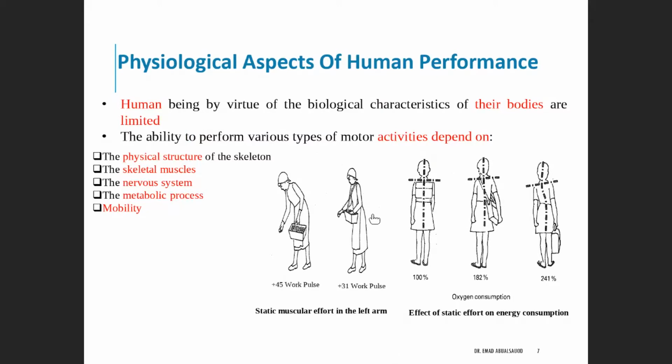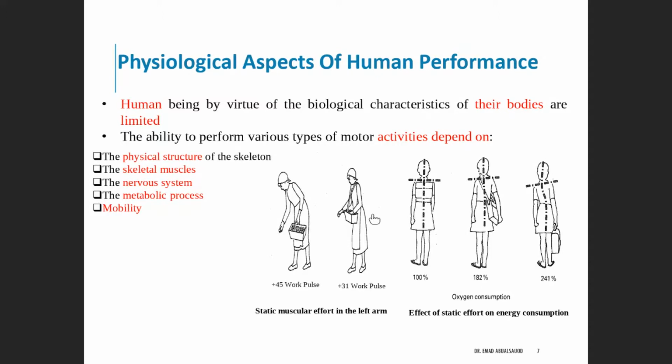Physiological aspects of human performance: humans, by nature, their bodies are limited. We are not machines, we are human, and even from person to person this may vary a little bit, but in general there is a limitation for the human body. Okay.